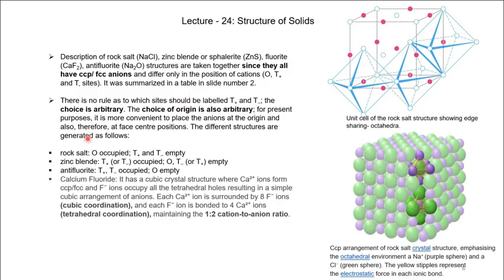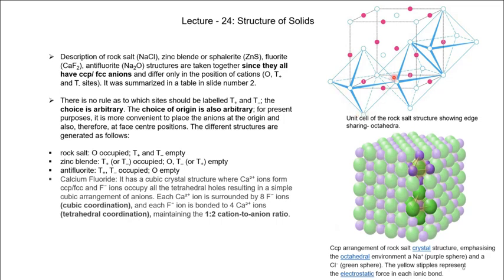So what we said in slide number 2 is that it's a rock salt type of structure. We get a cubic close packed structure of anions, and all octahedral positions are occupied. That's what we showed here, and we also showed the polyhedral arrangement.